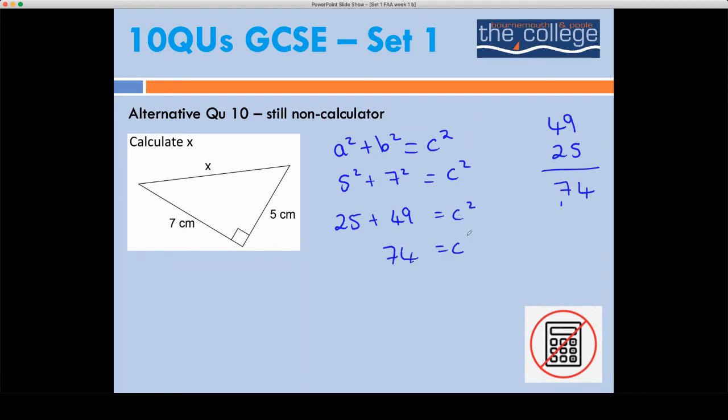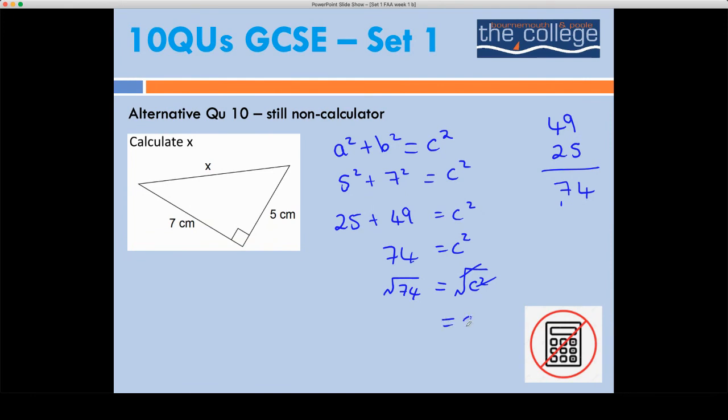So if you keep this c squared going down here, you're not going to hopefully say, oh, this line here is worth 74. No, c squared is 74. So again, you think about square root, you need to square root both of them. Square root of c squared, square root of 74. Now, this cancels out. The square root and the square sign cancel each other because they're inverses.